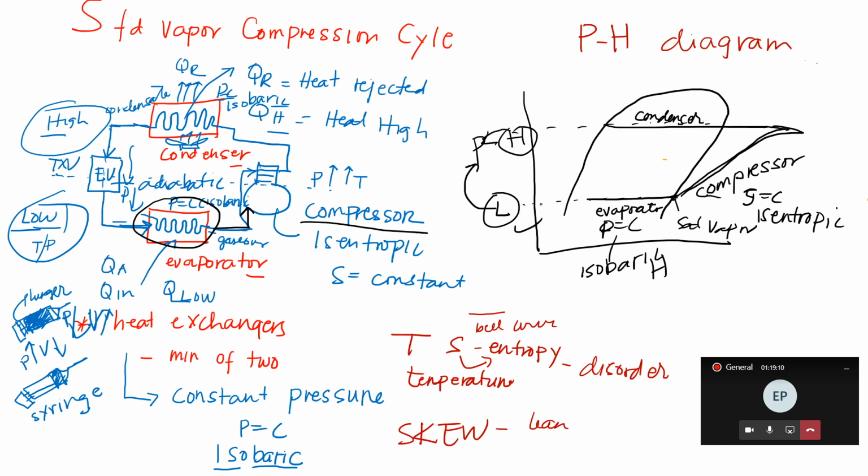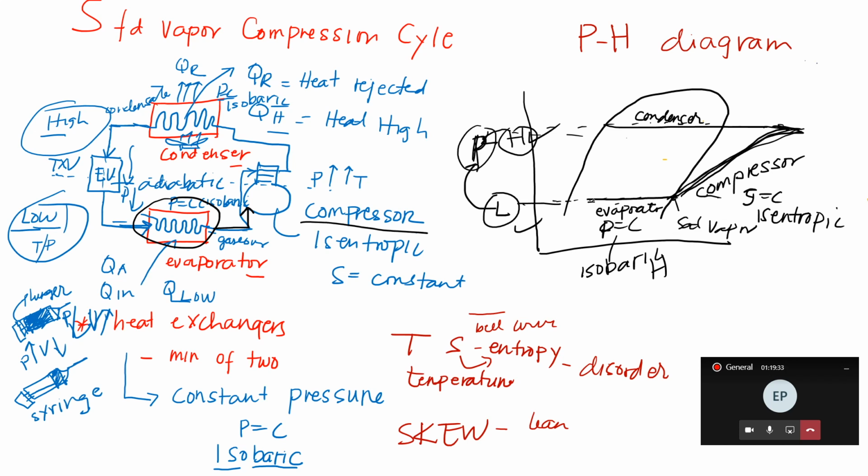Anong masabi nyo sa nangyari sa pressure? Tingnan nyo. Dito, ang pressure ay mababa, dito, mas mataas. Pag nakarating na siya rito, mataas o mababa? High. Kasi nga, kinompress mo na yung vapor.